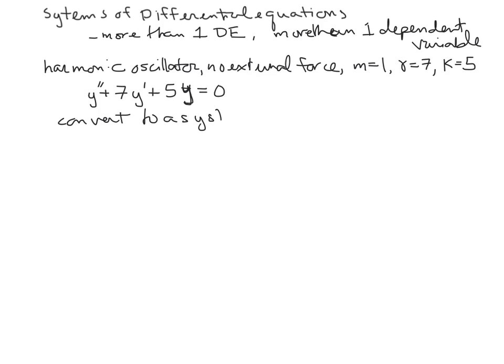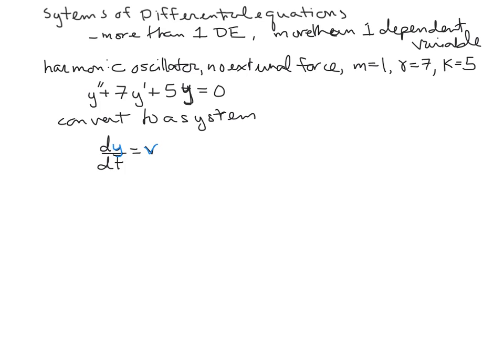And so what I'm going to do is use the fact that the derivative of y with respect to t is equal to velocity. And I'm going to use that fact. So what we've got here is a dependent variable y and a dependent variable v.